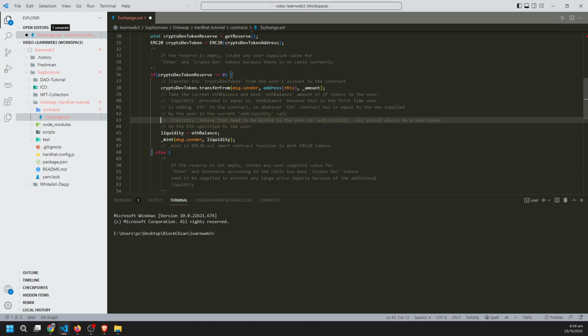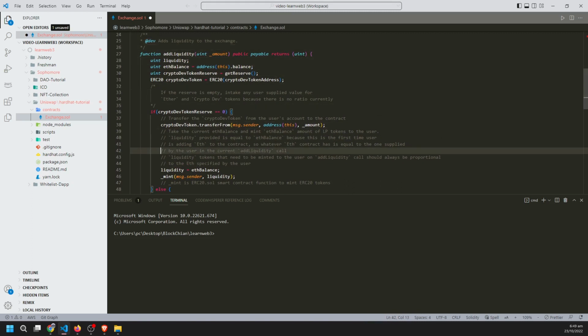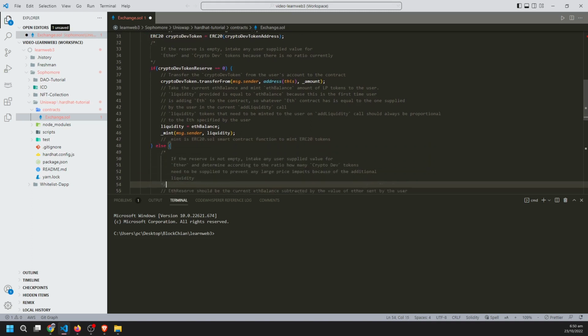So here it is. We are minting the liquidity using the mint function of the ERC20 smart contract to mint ERC20 tokens.